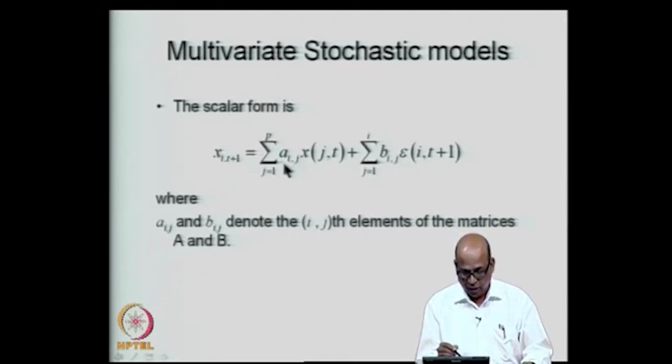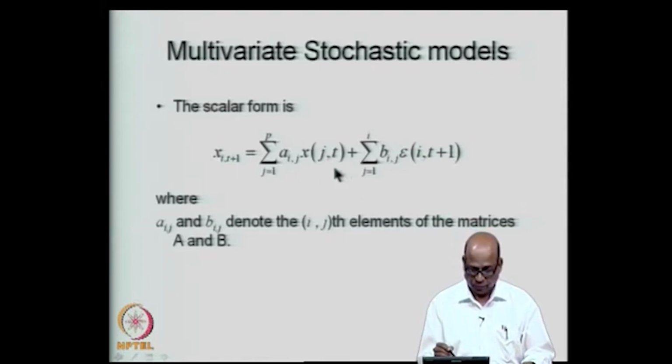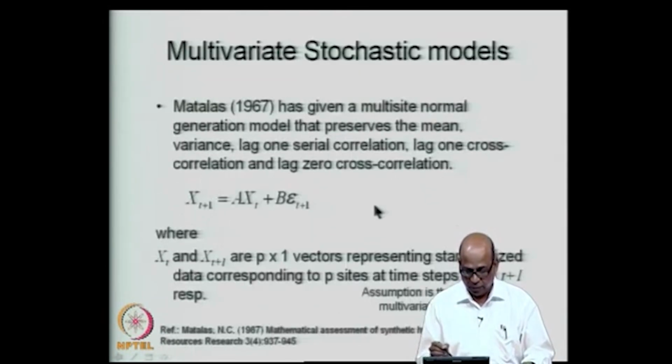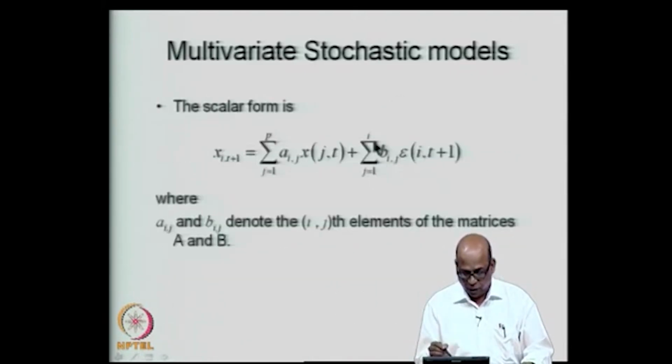The elements of the matrix A are A i j, the elements of the matrix B are B i j. So, I will write this as the sum over j equal to 1 to p of A i j x j t, plus the sum over j equal to 1 to i of B i j epsilon j t plus 1. Now, there is a reason for going up to i, I will come to that.